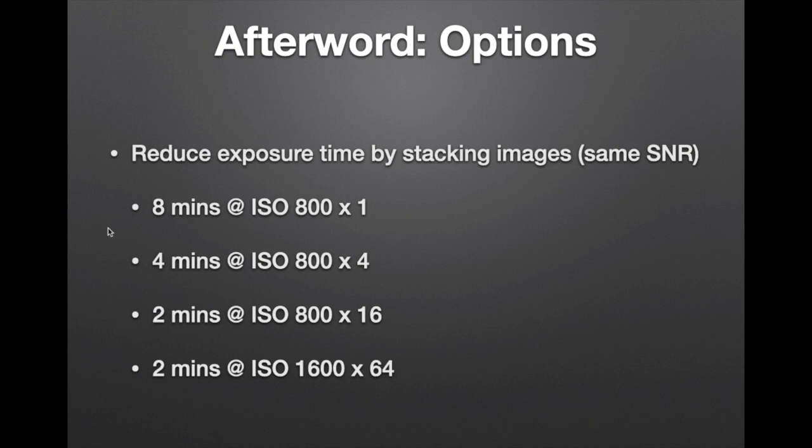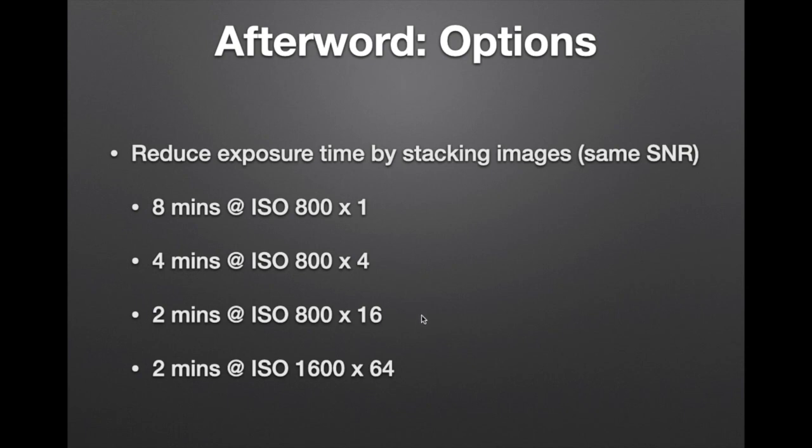So if we have our proper exposure of 8 minutes at ISO 800, we can reduce the exposure time by half, but to make up for the loss in SNR, we have to quadruple our number of images. So we need 4 times as many images. And if we want to reduce it by half again, we have to have 4 times the amount from here to here.